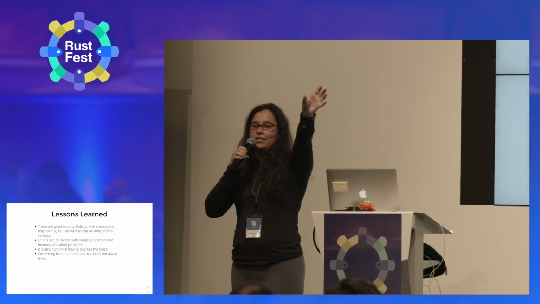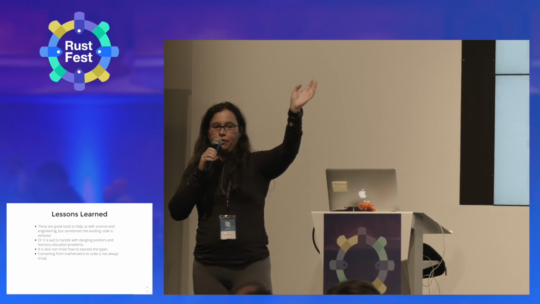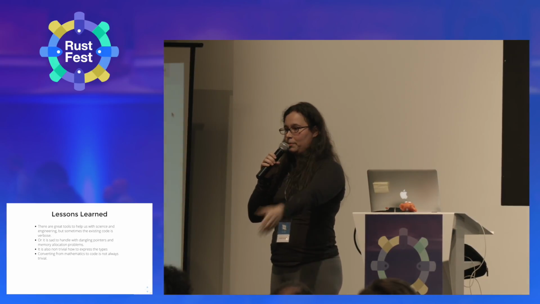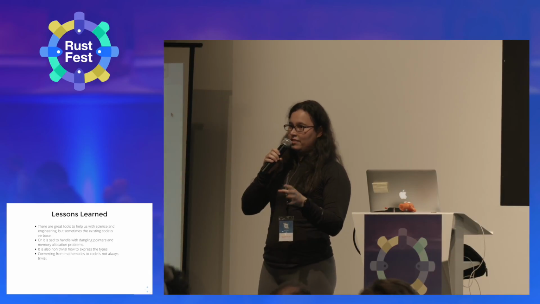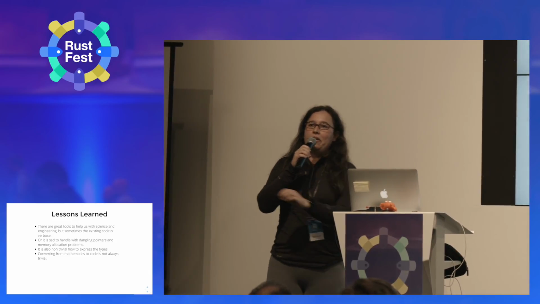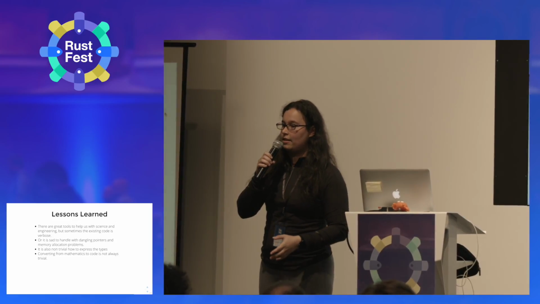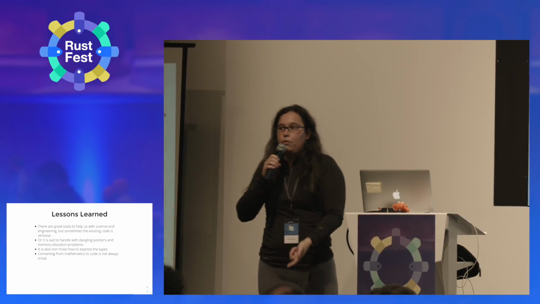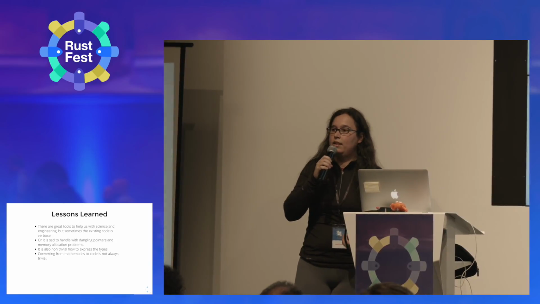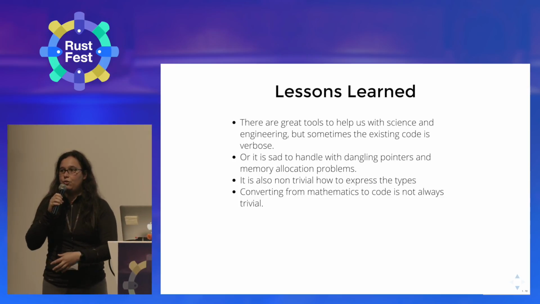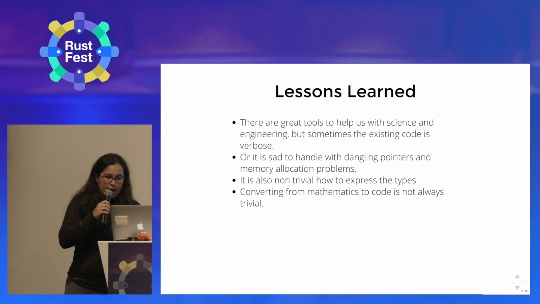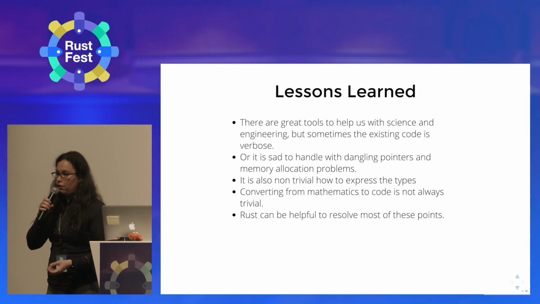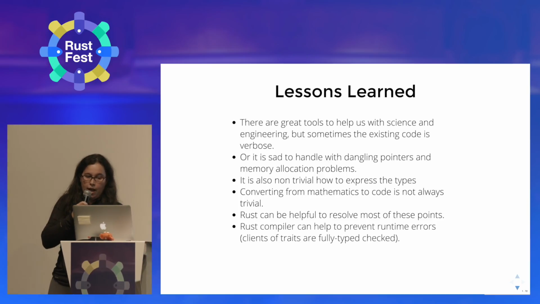Nobody taught me, hey, here is a differential equation, and now you take this equation and transform it into C. They started saying, oh, now you have to use numerical methods because you cannot represent that. Of course you can represent that. Maybe I was just using the wrong paradigm and the wrong language, but there is a way to represent these mathematical structures in a more natural and straightforward way. And I found out that Rust was really helpful to solve most of these problems that I was having.